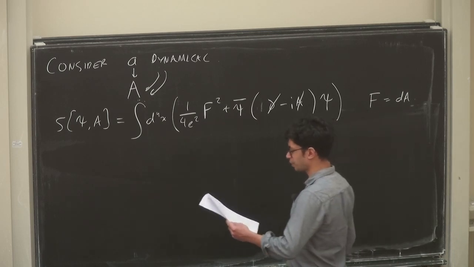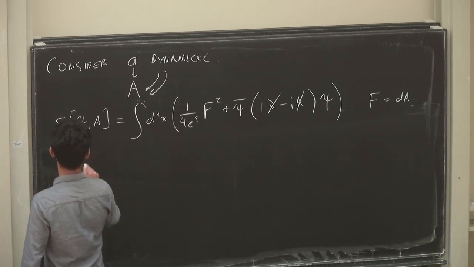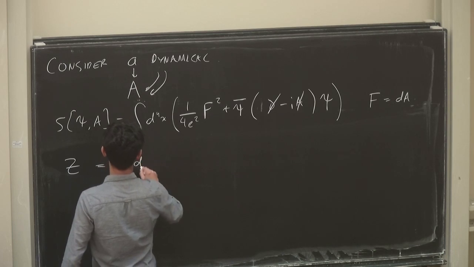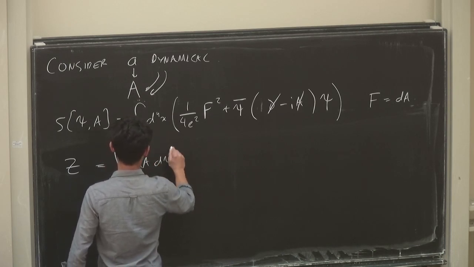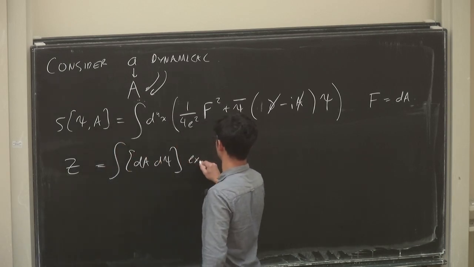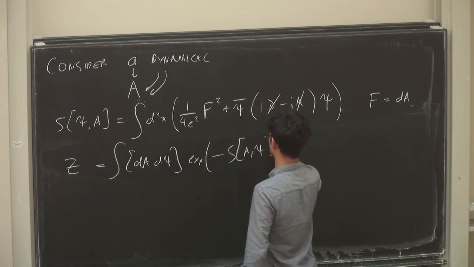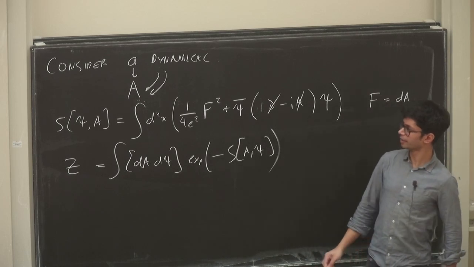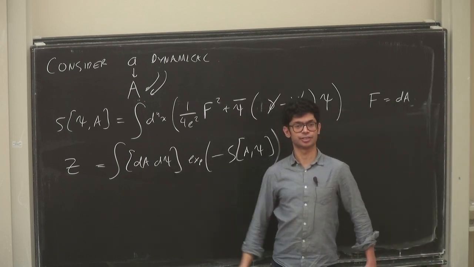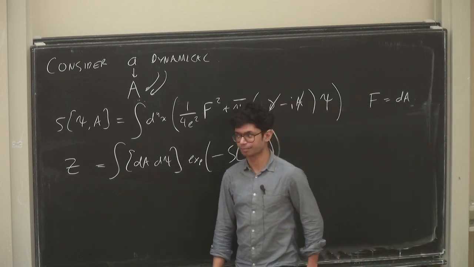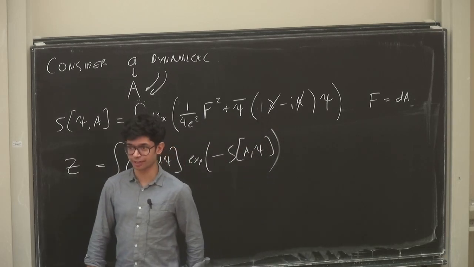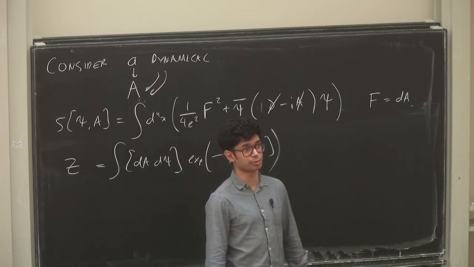And in my partition function now, I'm going to path integrate over both fields. So I integrate over dA and over d psi. Now let's revisit this theory and ask, what are the global symmetries of this theory?